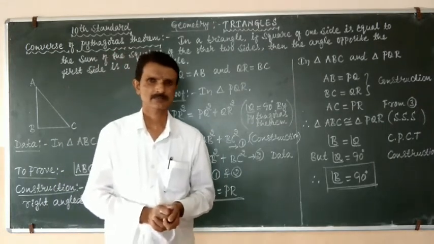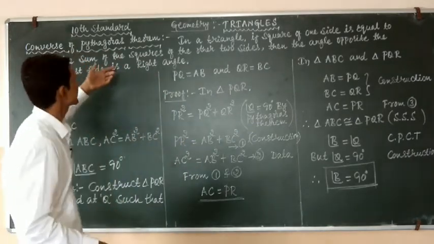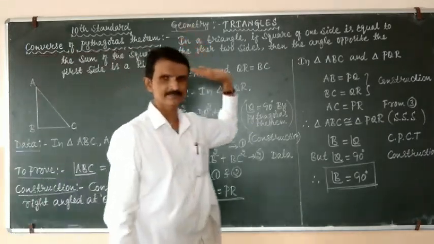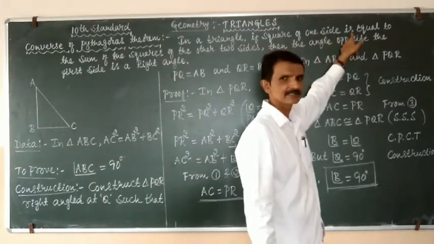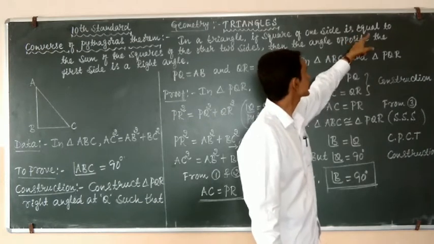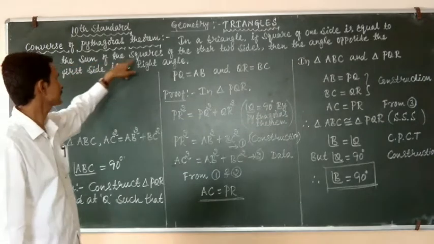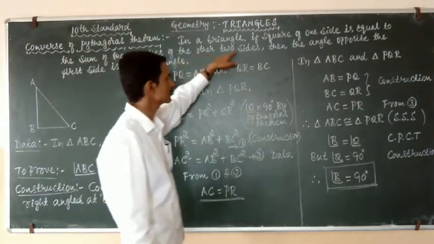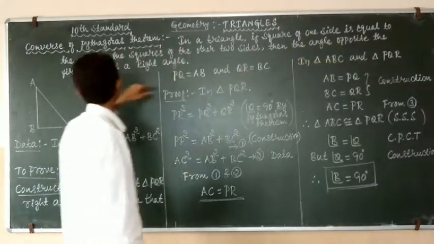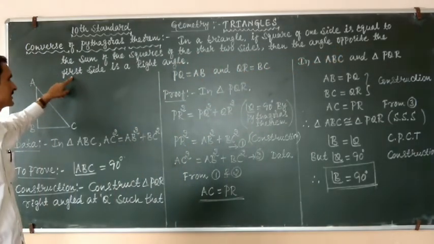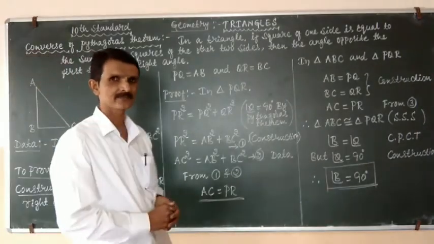Now we shall see the converse of that Pythagoras theorem. So the statement is, in a triangle, if the square of one side is equal to the sum of the squares of the other two sides, then the angle opposite to the first side is a right angle.